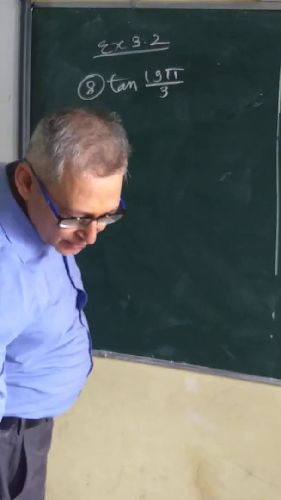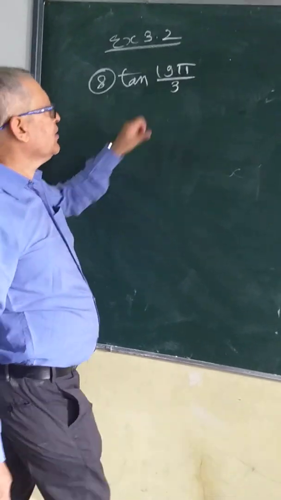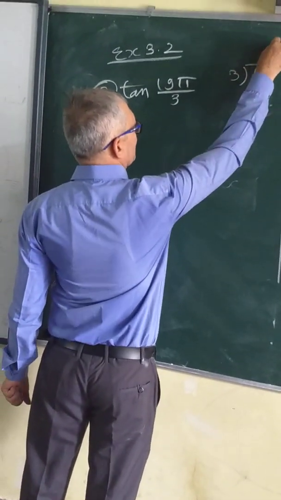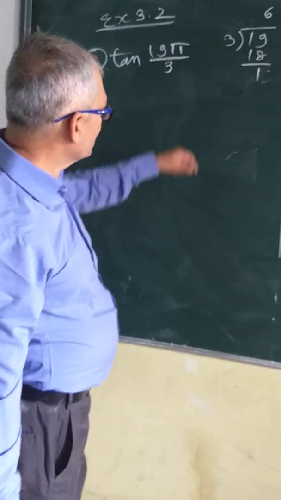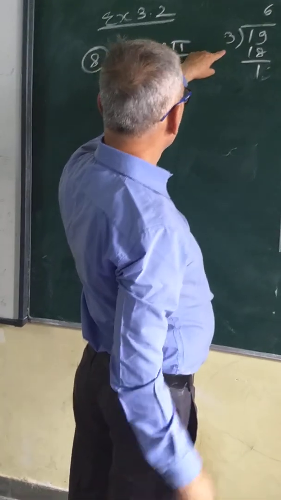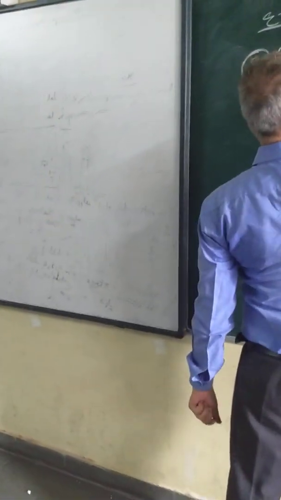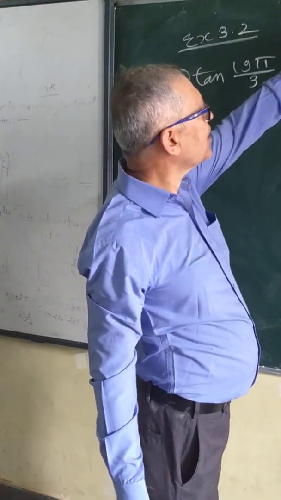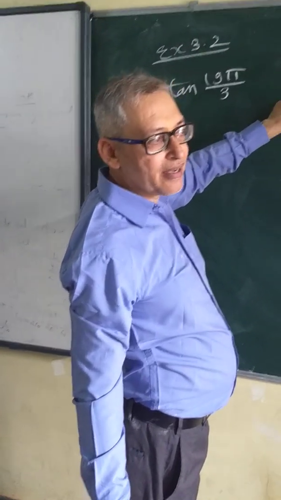We will see how much more it is than the cycle of 2 pi. So for this we will divide 19 by 3. 3 sixes are 18. How much is left? 1. Here, no, 2 nines are 18. This means here 9 cycles are completed and 1, meaning pi angle, is left.